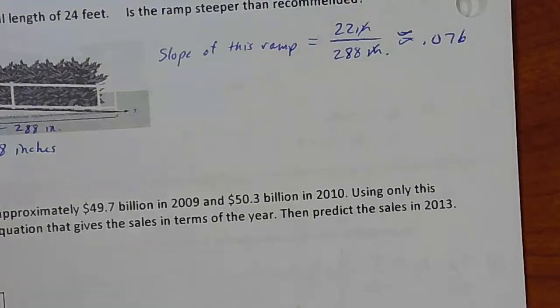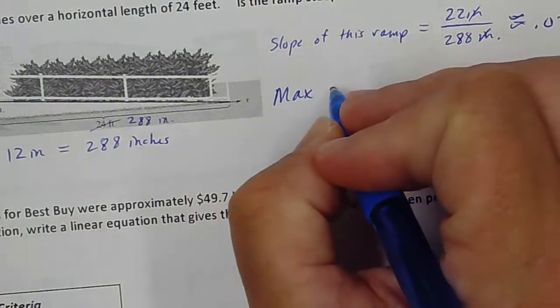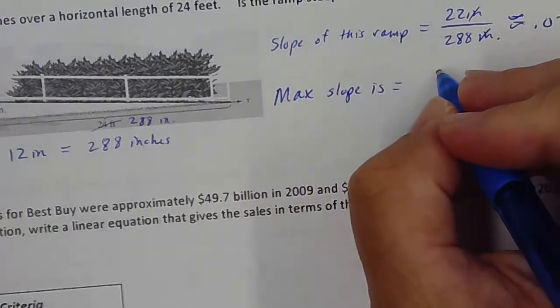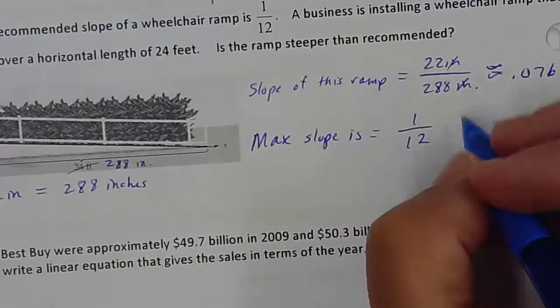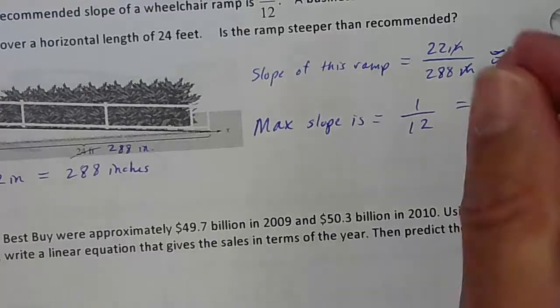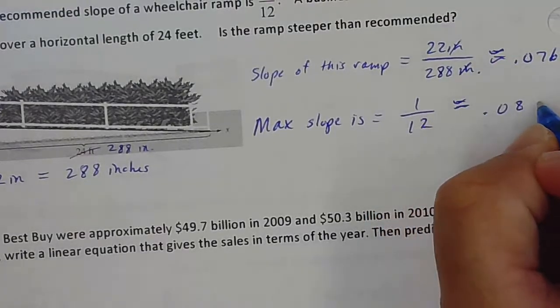Okay. All right, what's the max slope that we're supposed to be comparing this to? So the max slope is 1 over 12, or 1 inch for every 12 inches. So when I plug that in the calculator, this comes out to be about 0.083.